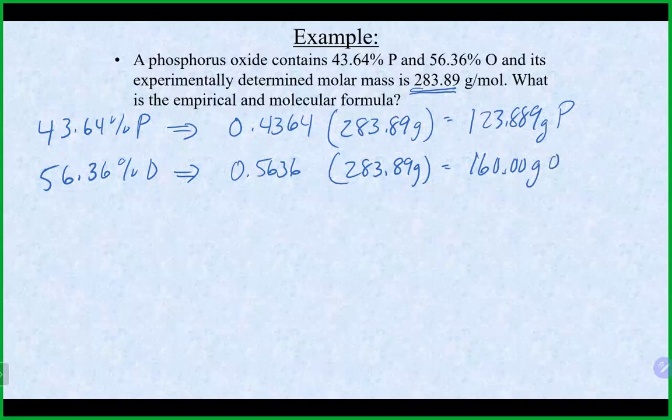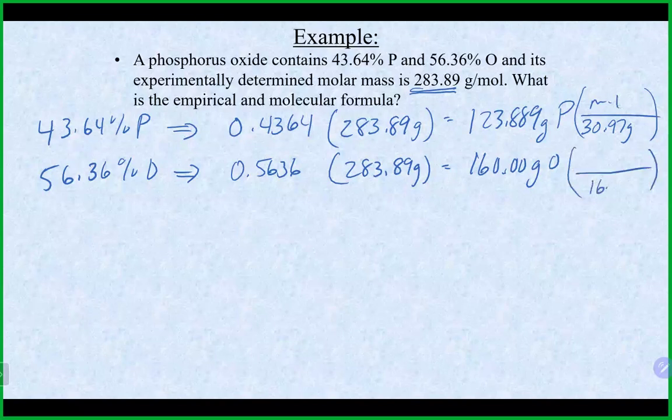Now you actually have the grams of phosphorus and the grams of oxygen in the molecular formula. You can then divide these guys by the molar mass from the periodic table for each of those elements. So that was 30.97 grams per mole. And divide this guy by 16 grams per mole.